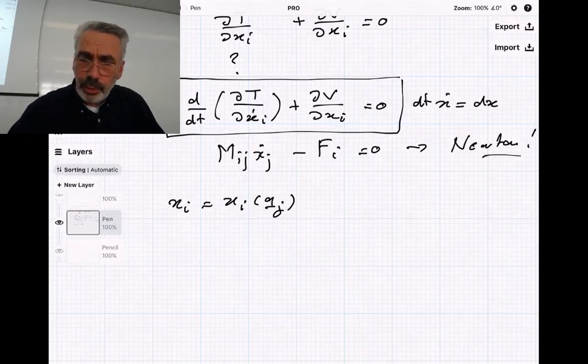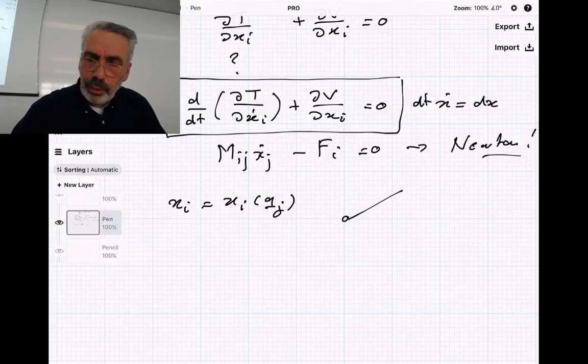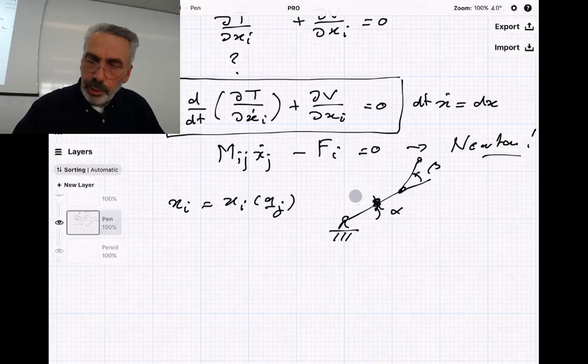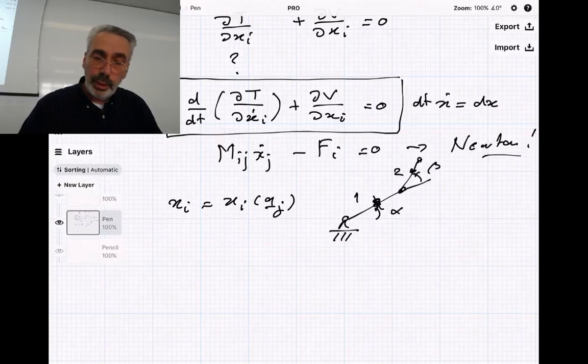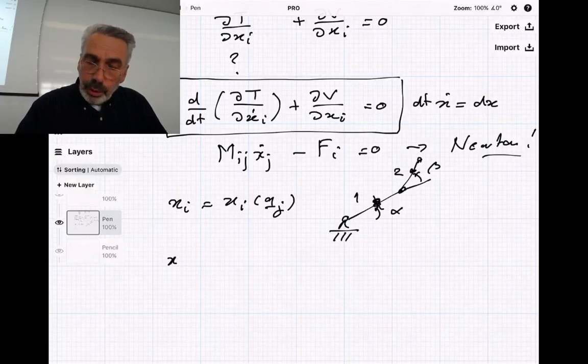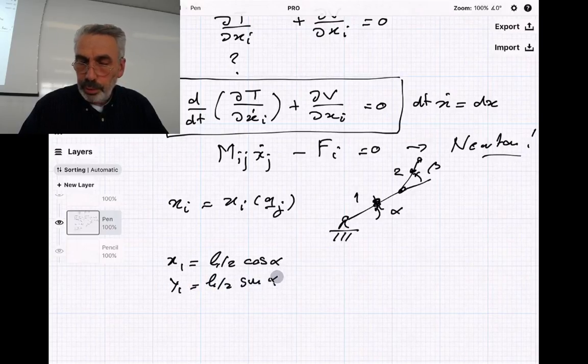As a very simple example, take this double pendulum with two angles, alpha and beta, and write the center of mass positions as functions of these two generalized coordinates. That's actually super simple in this case. You can write x1 is L1 over 2 cosine alpha, and y1 is L1 over 2 sine alpha, and phi1 is alpha.